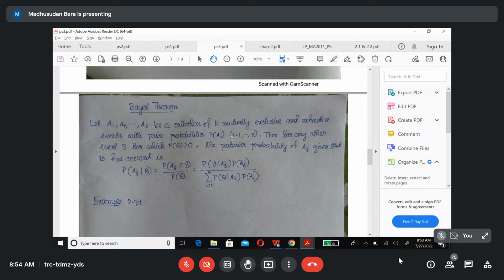Then for any other event, suppose P of B greater than 0, what will be the probability of AJ given B?